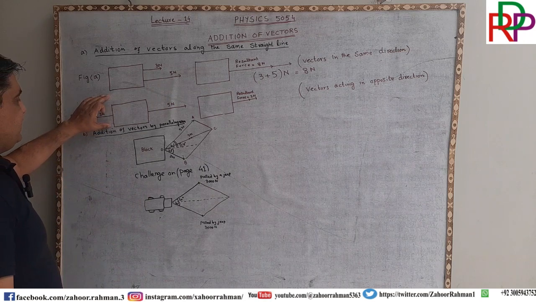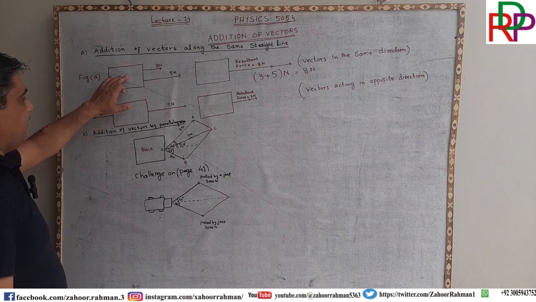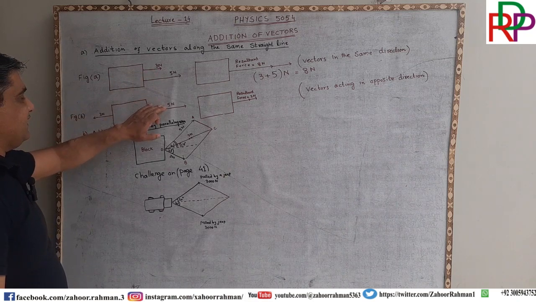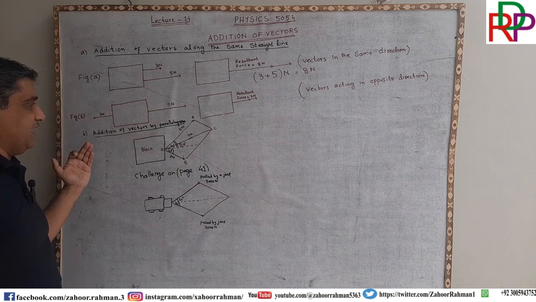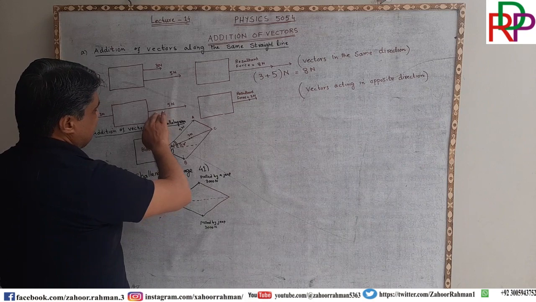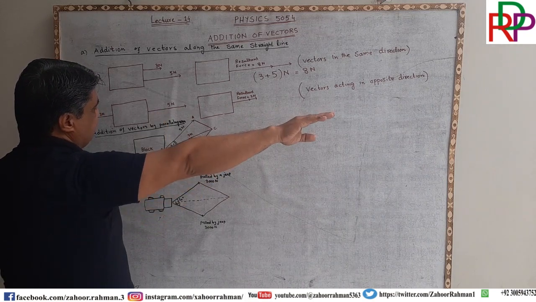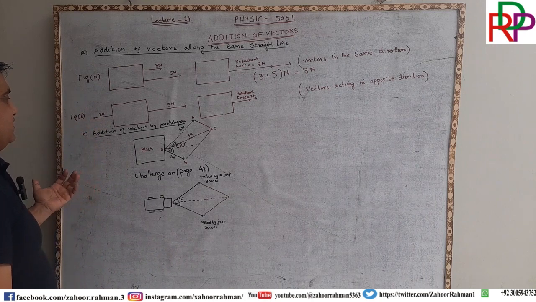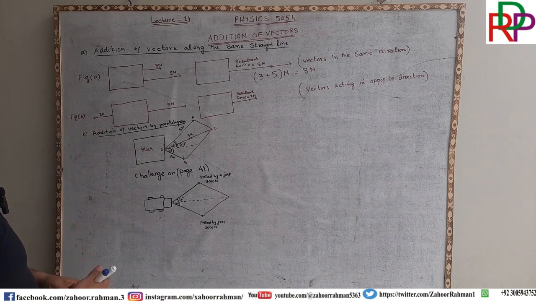In case B, the same block, but the two forces are acting in opposite directions. One is 5 Newton, which is acting towards the right side, and the second one is 3 Newton, which is towards the left side.